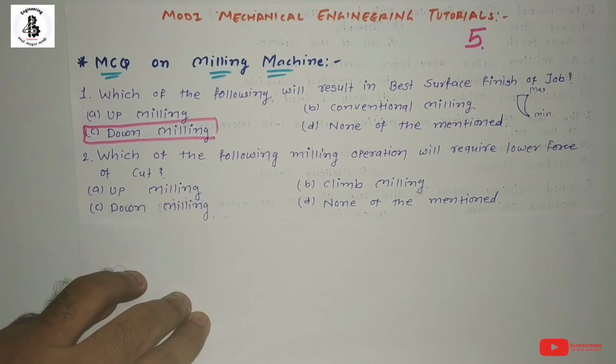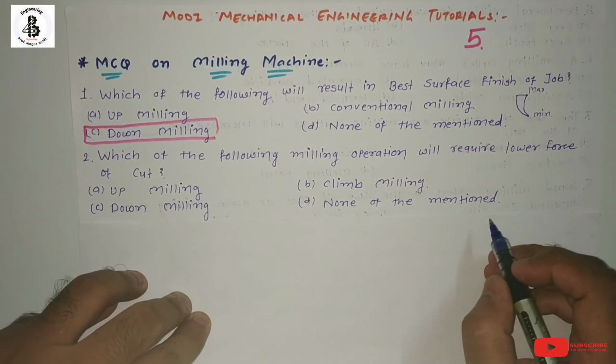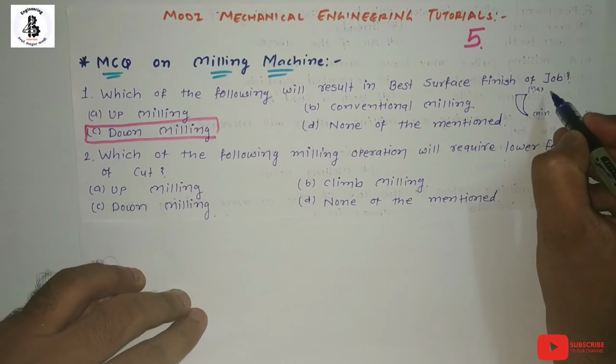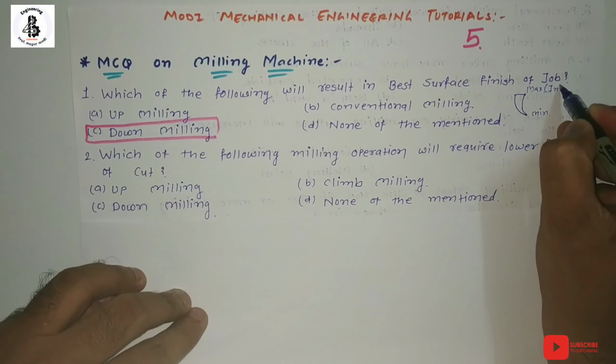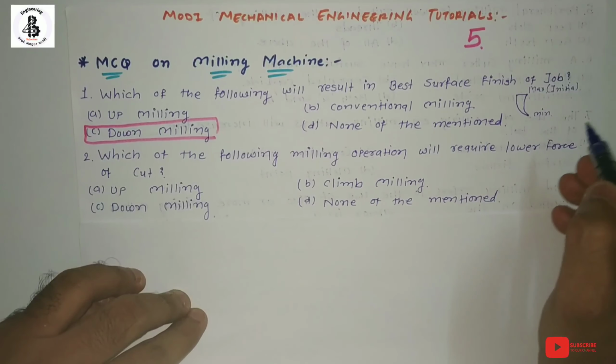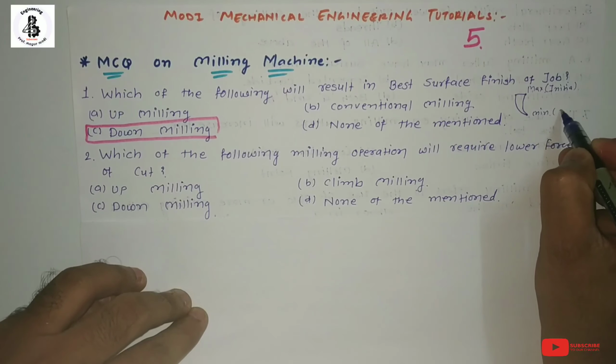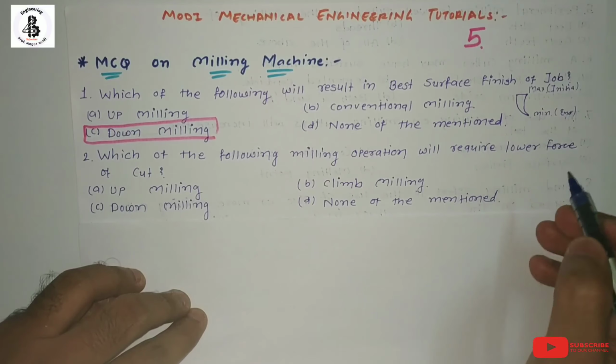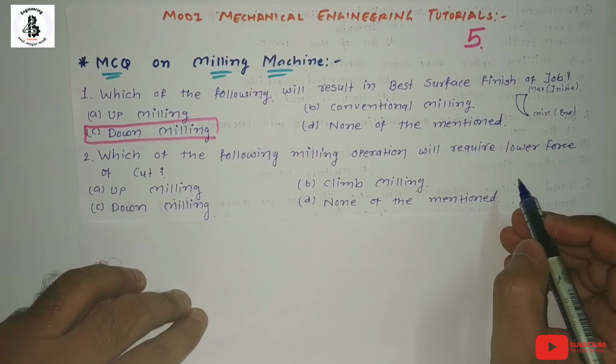So we have already discussed the down milling process. In down milling, initially the chip removal is maximum, and at the end it is minimum. It is the reverse in the case of the up milling process.